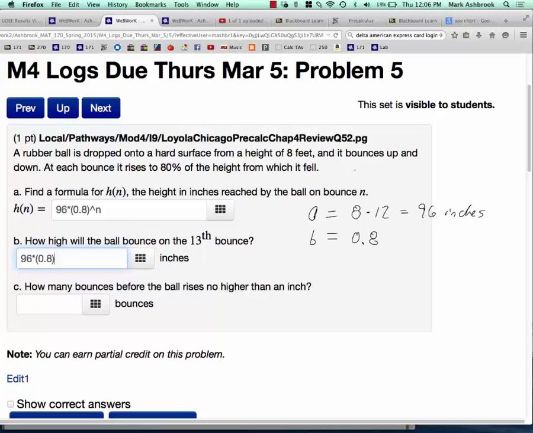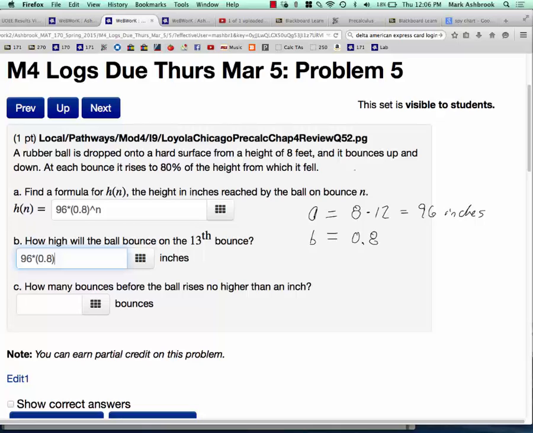What is 96 times 0.8? What would that mean in this problem? 80%. The height of the ball on the first bounce, right? After the first bounce.